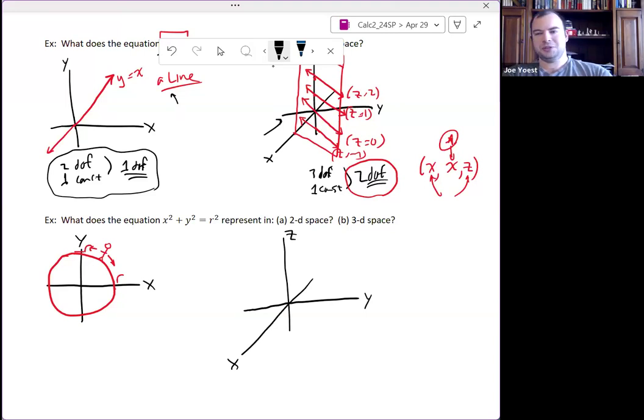If I impose z equals 0, what would, oops, wrong direction. I managed to choose the wrong direction. But if I impose z equals 0, in addition to x squared plus y squared equals r squared, what would that look like?